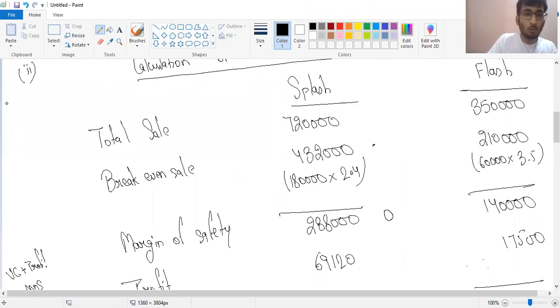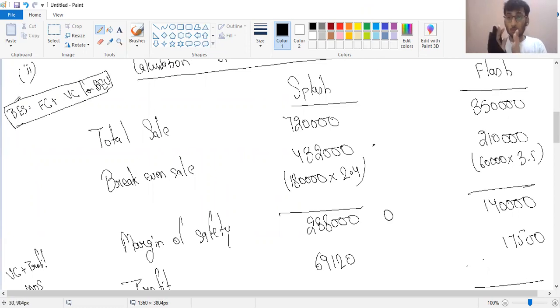I hope you guys know, we have already read this. Break even sale is fixed cost plus variable cost for break even unit. This we have already read. So this is break even sale, so it includes fixed cost plus variable cost for break even point.